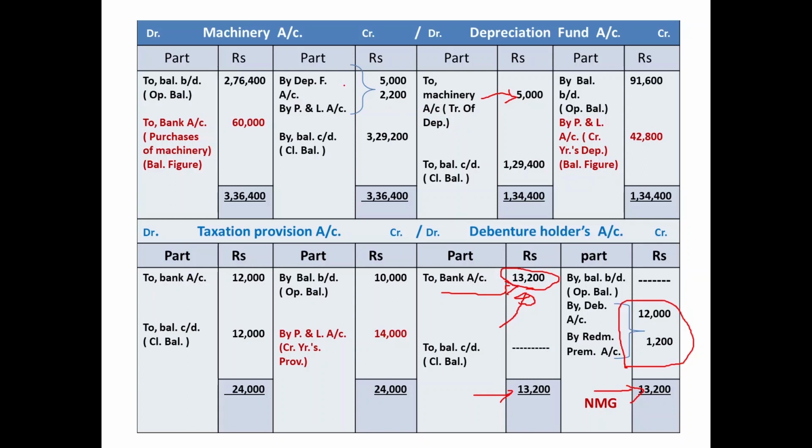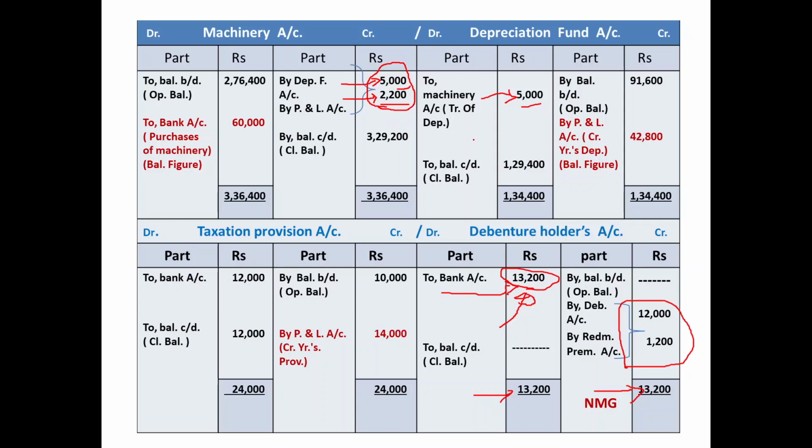To machinery account credited 7,200. Opposite narration and amount. Total is 7,200. So this was the posting impact of the journal entry.